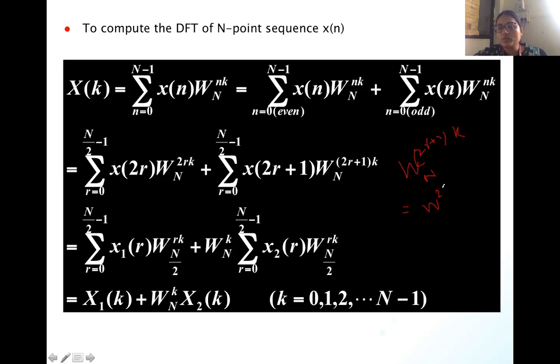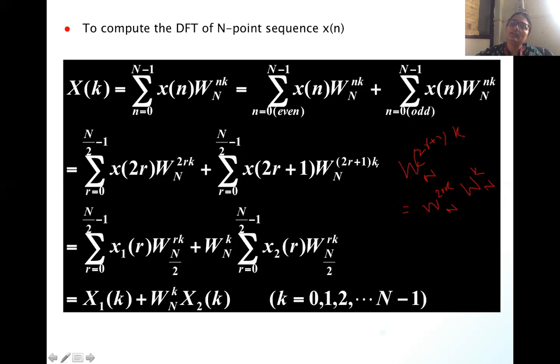So we will write here W raised to 2r into k suffix capital N, and the second part is W raised to 1 multiplied by k, suffix N.